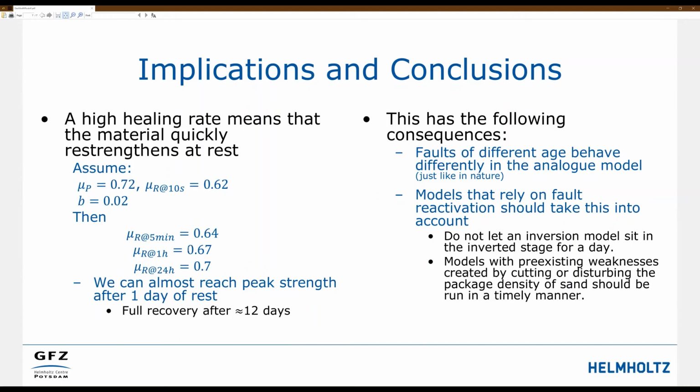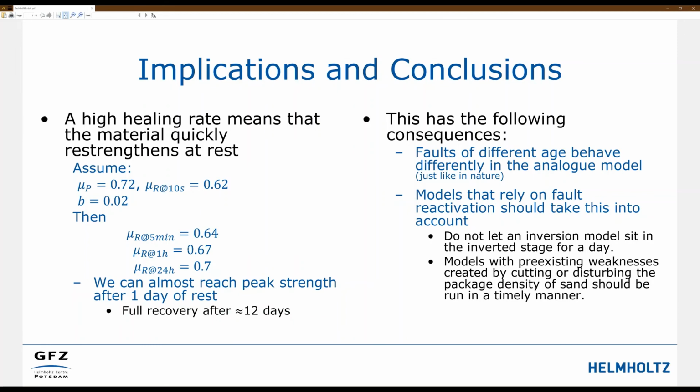We also had some models in our lab which reacted differently because some people set them up on the Friday before they left. It was a normal model, not an extension model, but yeah, this can have dramatic differences. And faults of different age in the model can behave differently in the analog model as well as in nature.